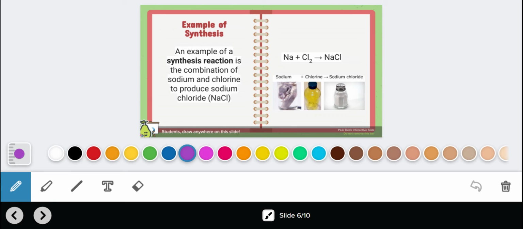So in this example of a synthesis reaction where we have sodium and chlorine reacting to form sodium chloride, you see we have sodium here plus chlorine, which is a diatomic element, which is why there's a subscript 2. They come together to form sodium chloride.